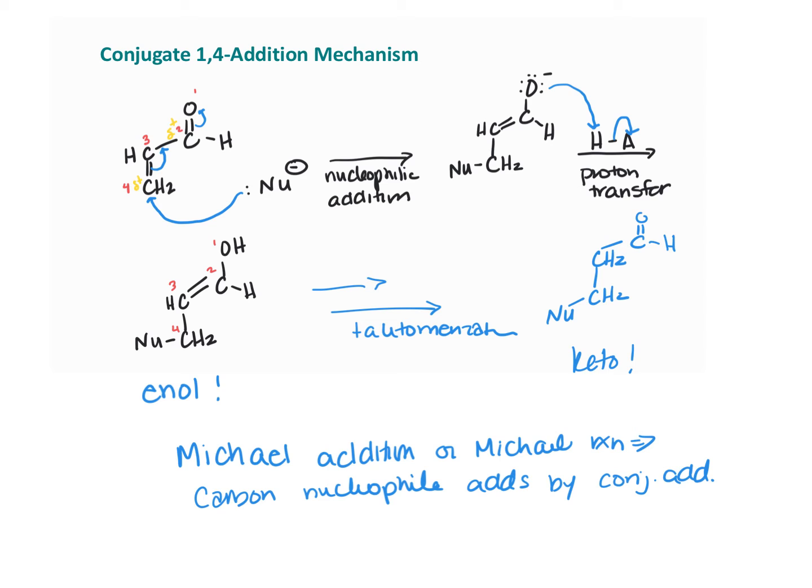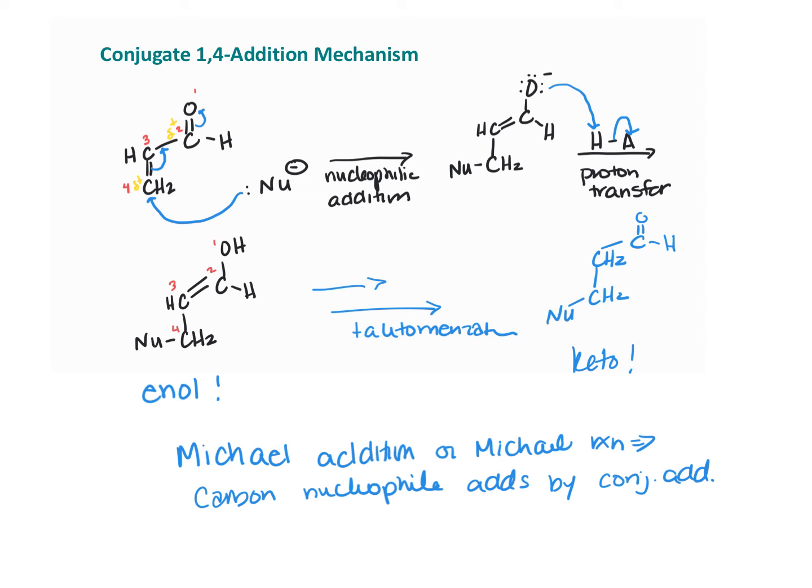I think Michael addition gives you no hints or tells you anything about this. But I still need to touch on this in case you see Michael addition somewhere else, the MCAT, the DAT, any of those things. I still want you to be able to recognize it. Or if it's in your homework, right? So you need to understand that these are all synonyms for the same thing: conjugate addition, 1,4 addition, conjugate 1,4 addition, or a Michael addition.